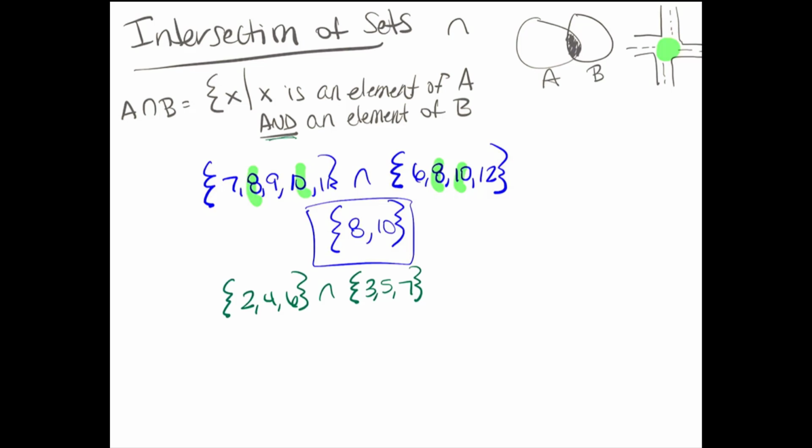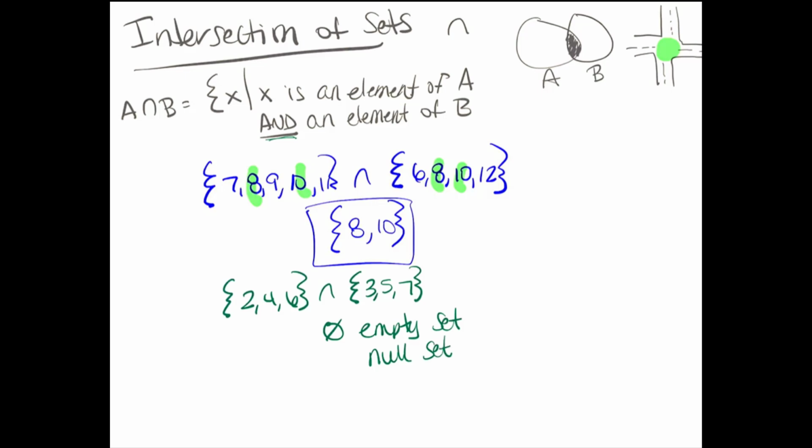I got 2, 4, 6, 3, 5, 7. So they don't have anything in common. When they don't have anything in common, we call it the empty set. And to draw the empty set, you're going to draw like a 0, but you have to draw that line through it. This is either referred to as the empty set or the null set.